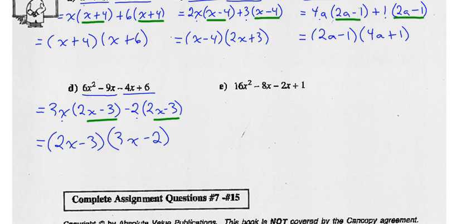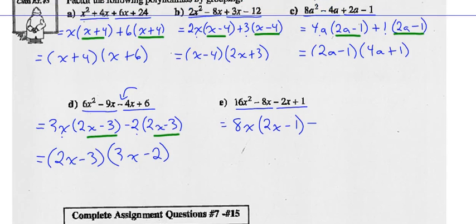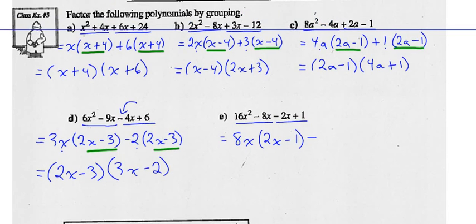Last one, E. Group the first two terms. First two terms have a common factor of 8x. Divide both terms by 8x. 16x squared divided by 8x is 2x, and minus 8x divided by 8x is a minus 1. I look at the last two terms, negative 2x plus 1. They have nothing in common. But like I said, in this question, if that first term is negative, it's usually good to factor out the negative sign. And I said earlier, if they've got nothing in common, like up here, we still take out a 1.